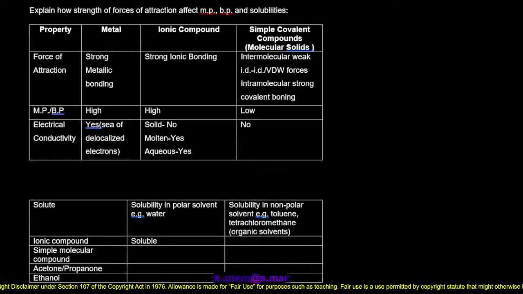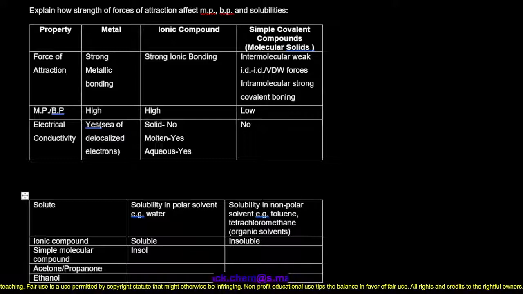Can an ionic compound dissolve in a non-polar solvent? No, it cannot. There are no possible ion-solvent interactions. What about a simple molecular compound such as wax, oxygen gas, carbon dioxide gas? Can these compounds dissolve in a polar solvent?